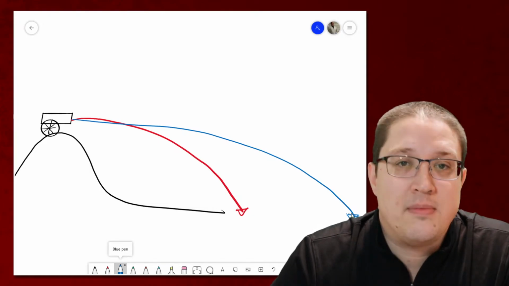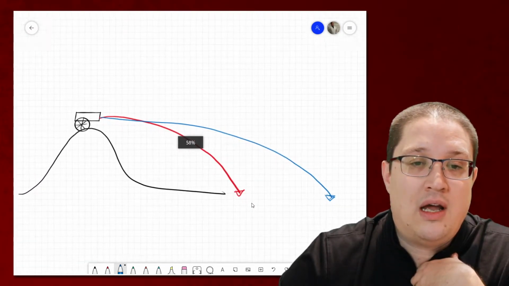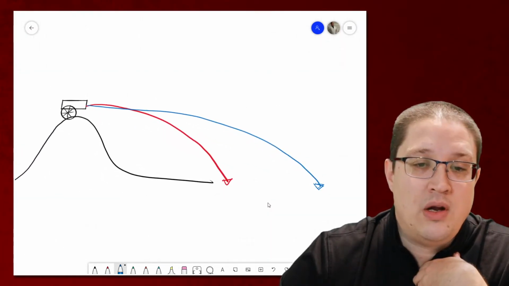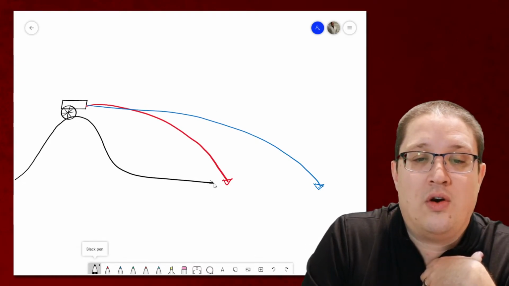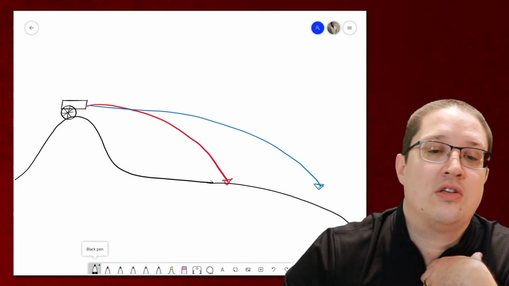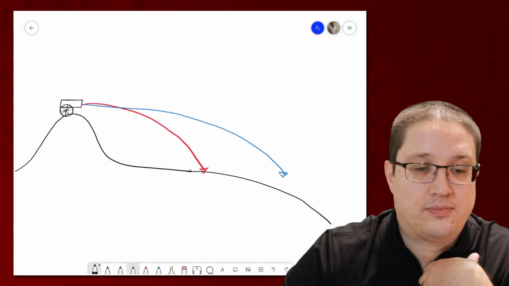Now, to make this a little bit more interesting, a little bit more challenging, the thing we have to realize is that as I zoom out, the Earth is curved here. The Earth's surface actually starts curving away from the path of the cannonball.